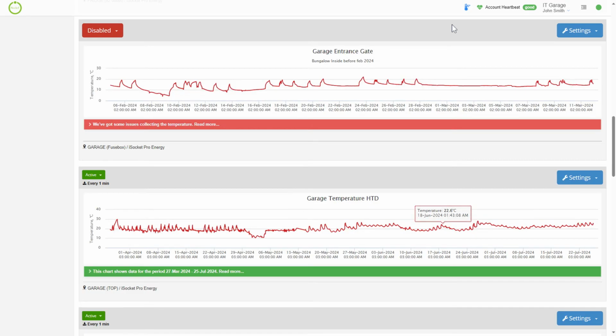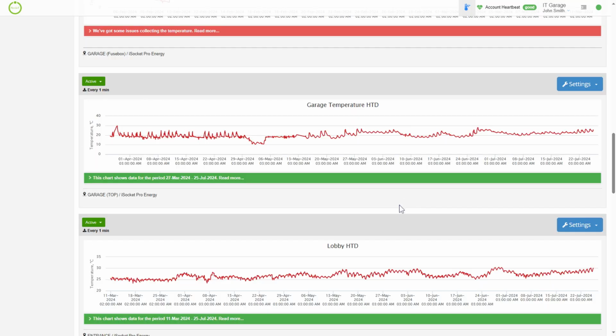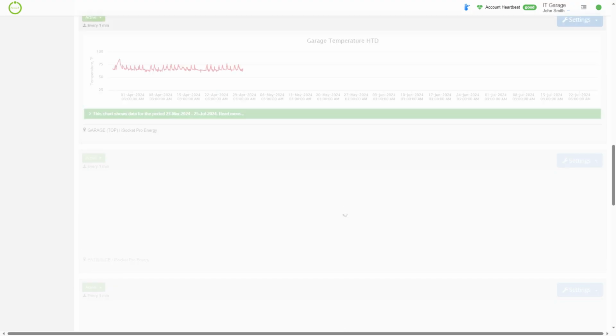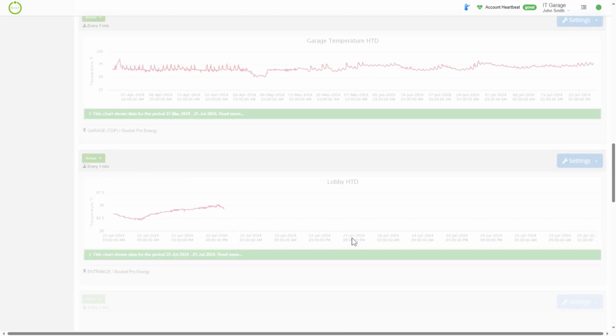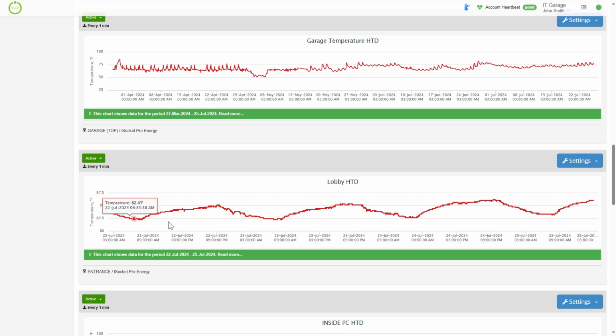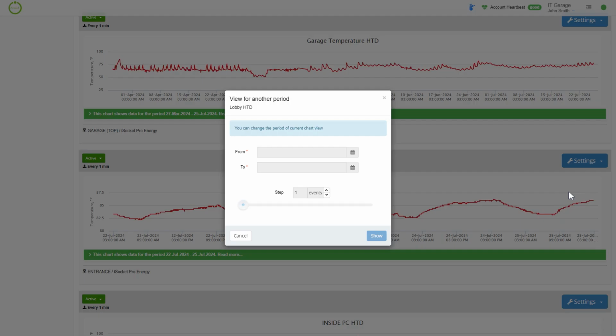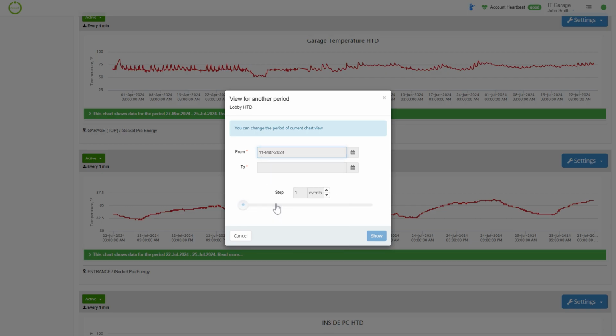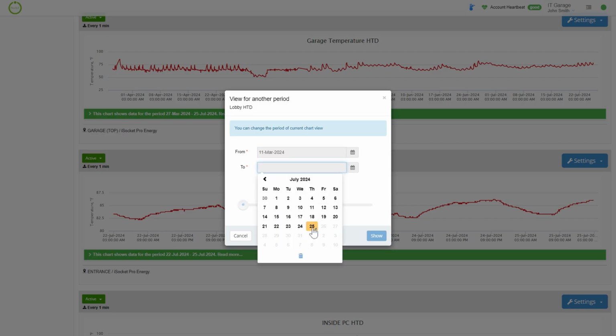Let me show this for you in Fahrenheit. Okay, Fahrenheit, then I need to set the period again. The period was March something, and here we have it.